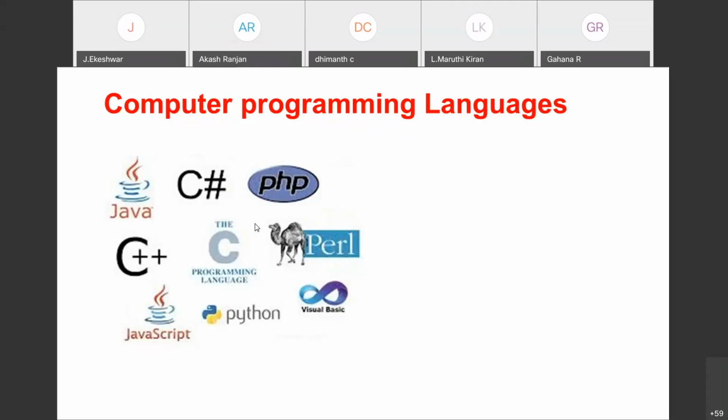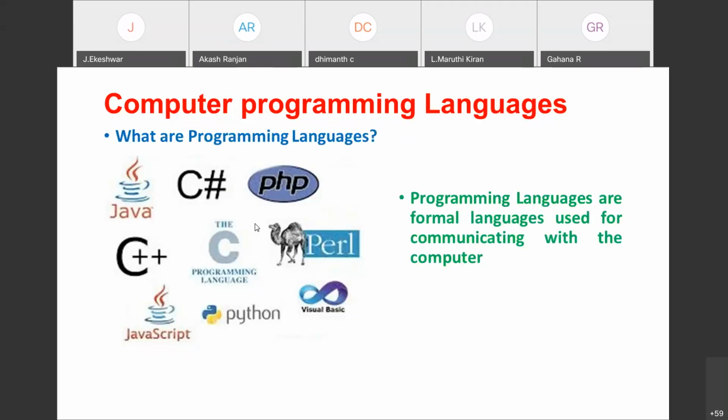If you talk about general language, what do you mean by a language, or why is language required? Language is required for communication. If one person wants to communicate with another person, then you require a language to communicate. Here, a computer programming language is a language actually used for communicating with the computer.